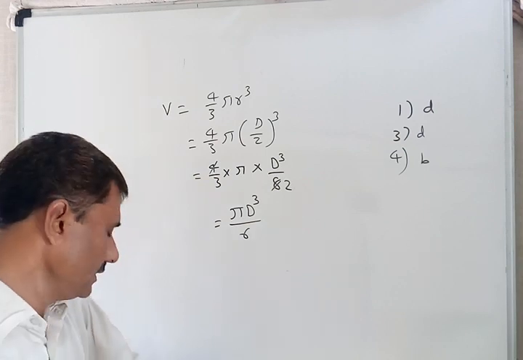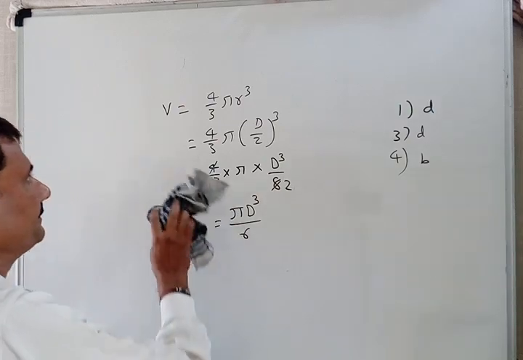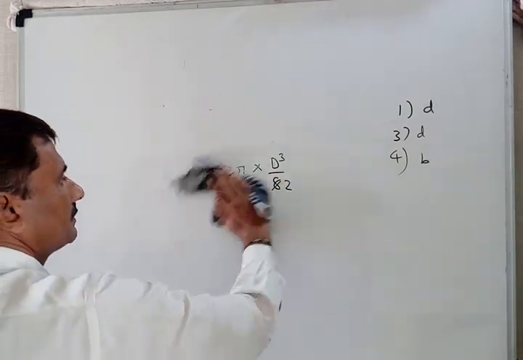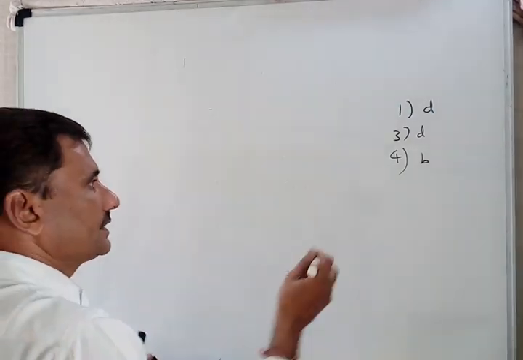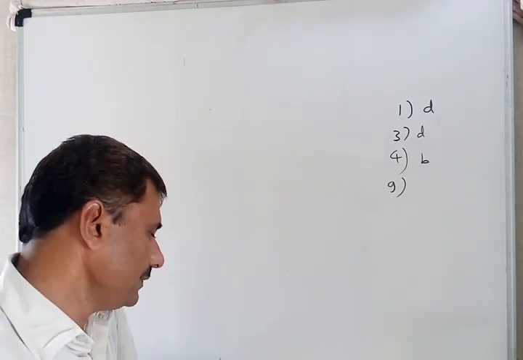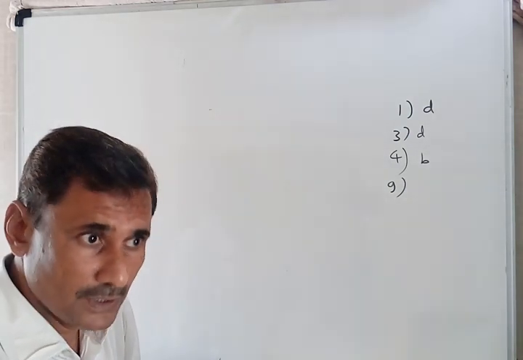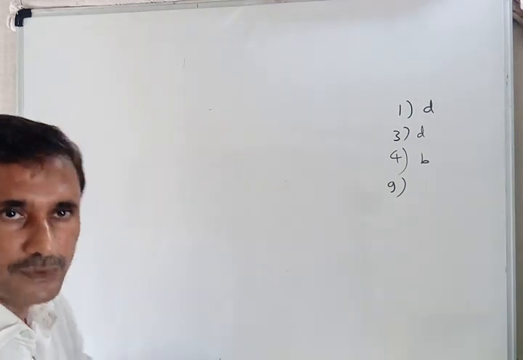Now come to number 9. Just read and try to understand it. If a cone and a sphere have equal volume, so a cone and sphere of equal volumes are given.